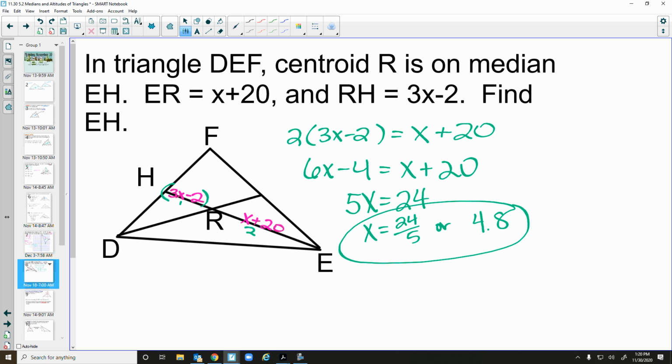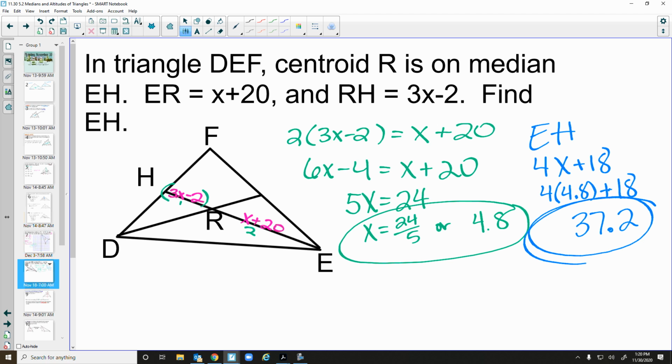But we were asked for EH, right? So EH is that full thing. So EH is really 4x plus 18. So 4 times 4.8 plus 18, which is 37.2. That is your final answer.